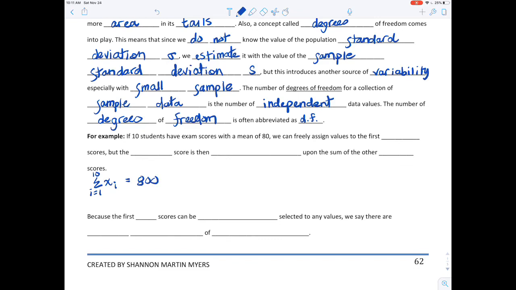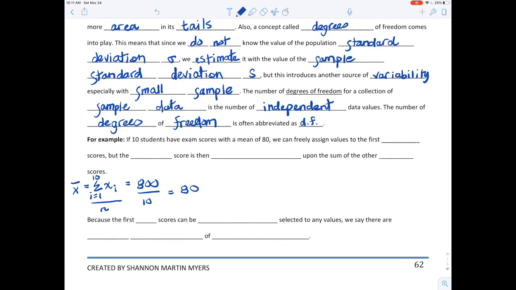Because if you're averaging the test scores, you would add up all these test scores and divide by n to get your mean. So x bar equals summation of xi over n, which has to be 800 over 10 because we know that mean is 80.